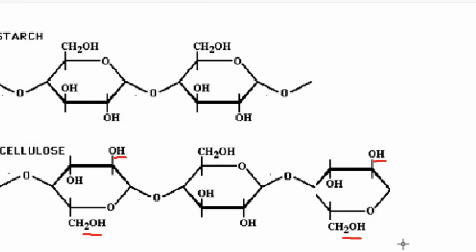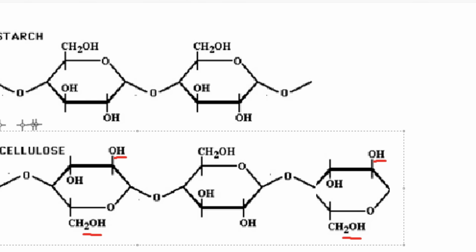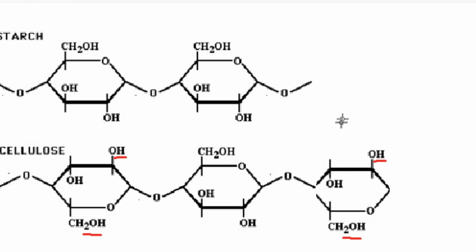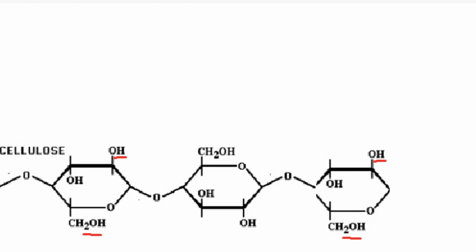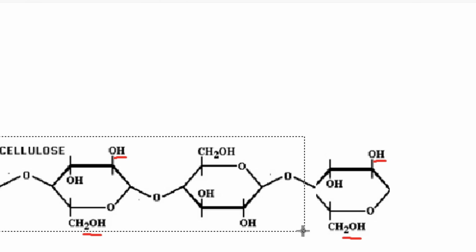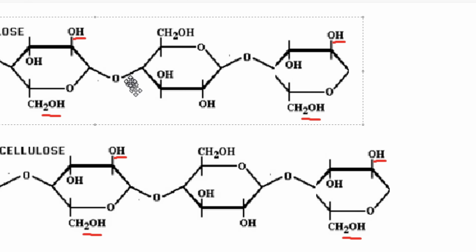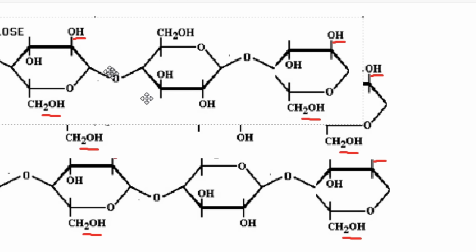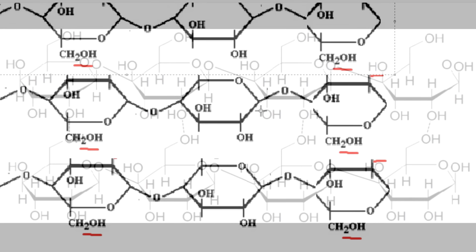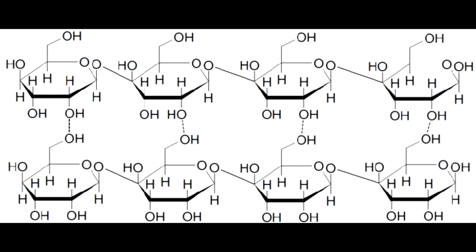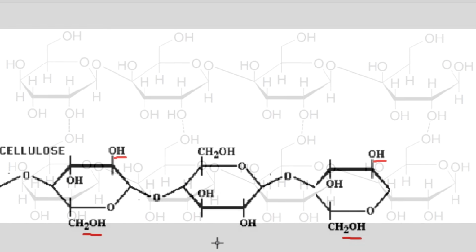Now it's not just that, these will actually be stacked one on top of the other. So if you imagine how cellulose would be, you would have a bunch of them linking up one on top of the other like this, stacked like layers, and that makes it a lot stronger.